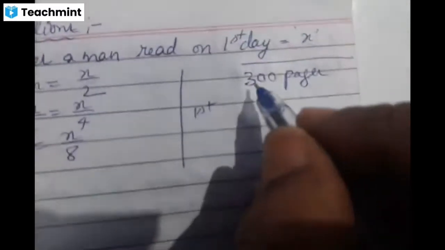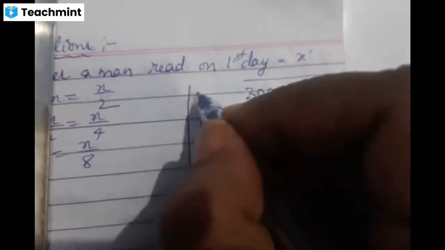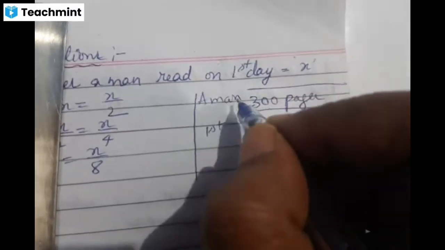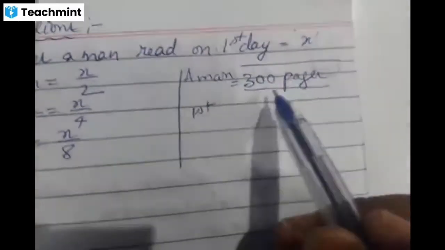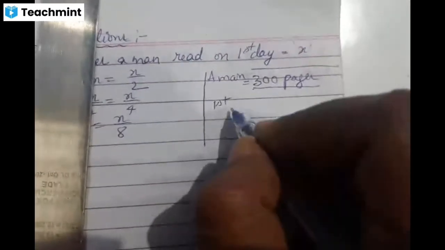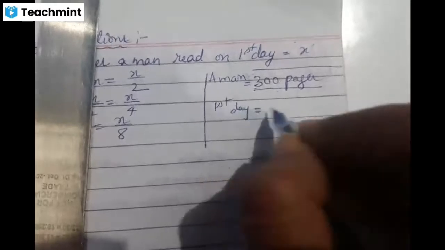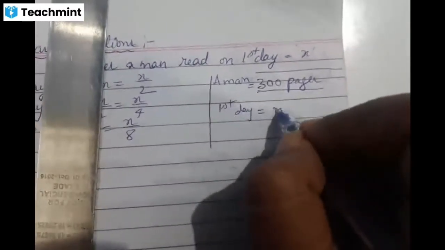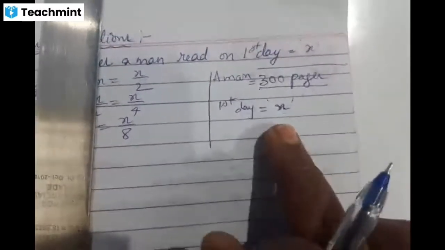Now, we know the total number of pages Aman is reading is 300 pages. To complete this 300 pages book, he is taking totally 4 days, children. So do we know how many pages he has read on the first day? We don't know. Let us take it as x.